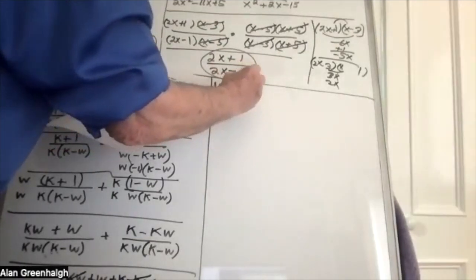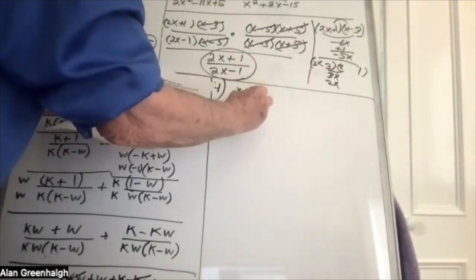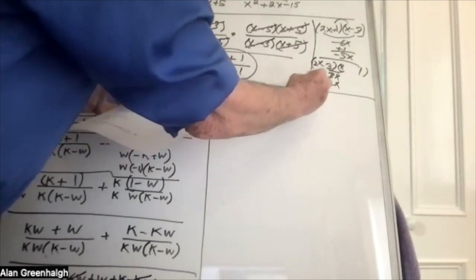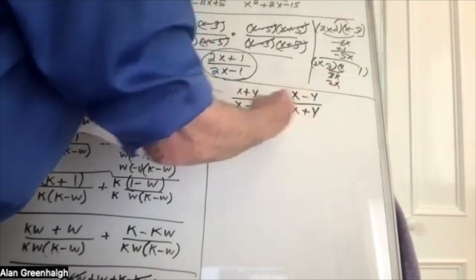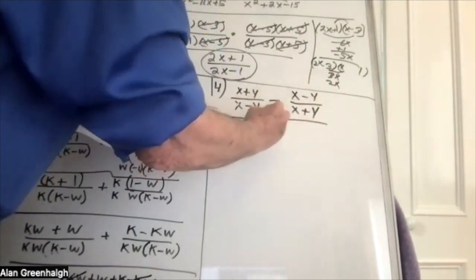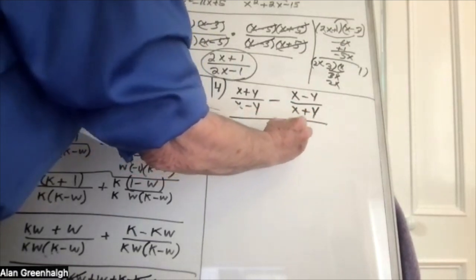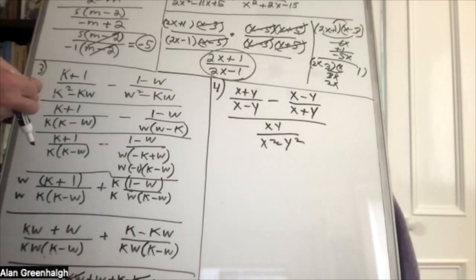X plus Y over X minus Y minus, an interesting problem, X minus Y over X plus Y divided by XY over X squared minus Y squared. This is a complex fraction. And the idea behind a complex fraction is to simplify it.